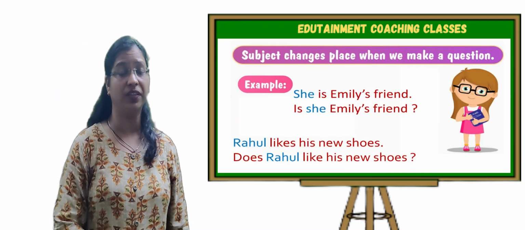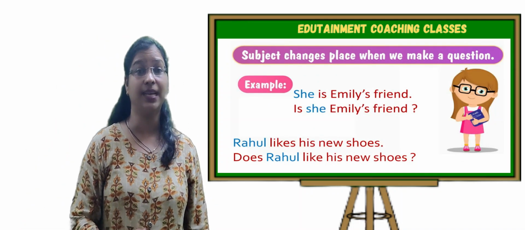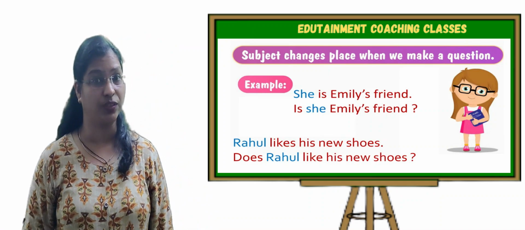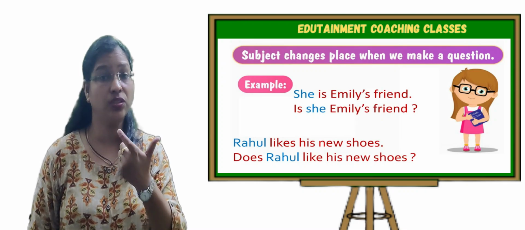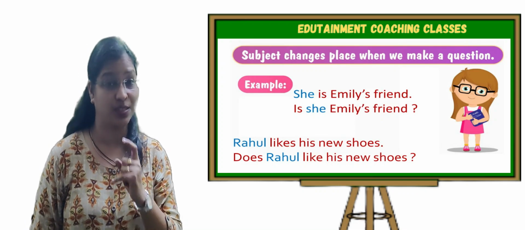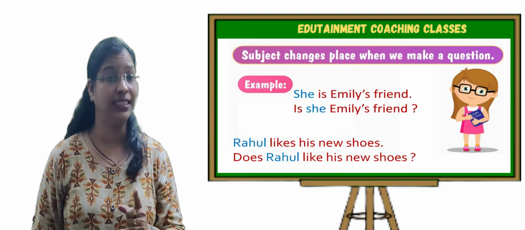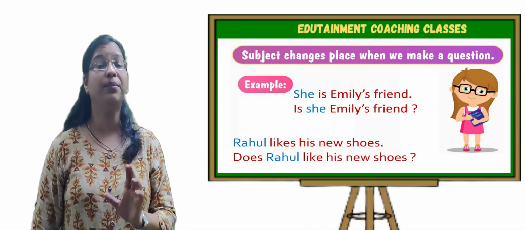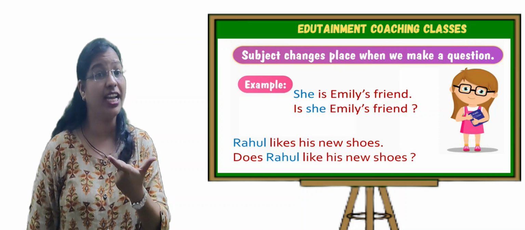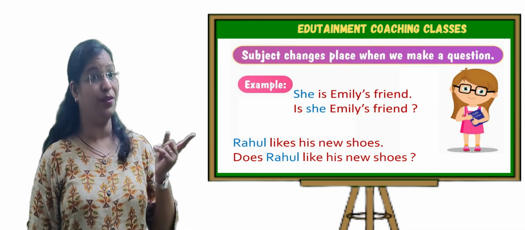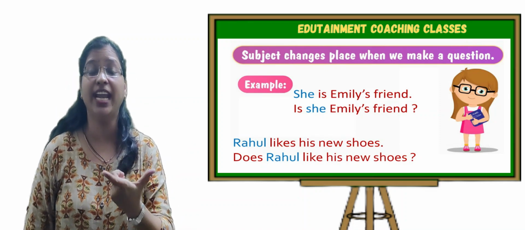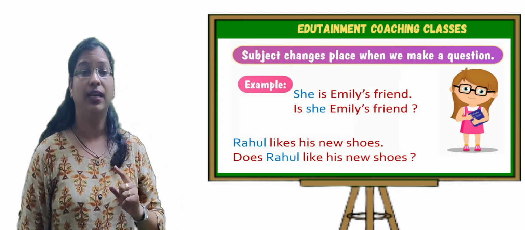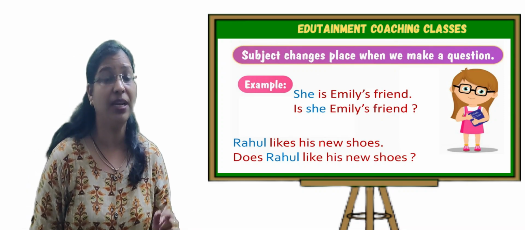Now next important thing that we should know, that subject changes place when we make a question. So the position of the subject changes when we write in the interrogative form. Look at this example. She is Emily's friend. This is the statement form, right? As we had learned in the previous video. Now when I put it as a question, I'll write it as, is she Emily's friend?